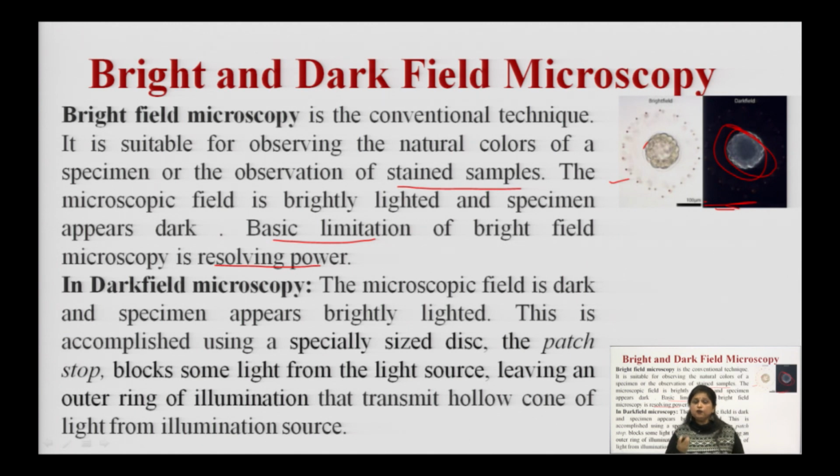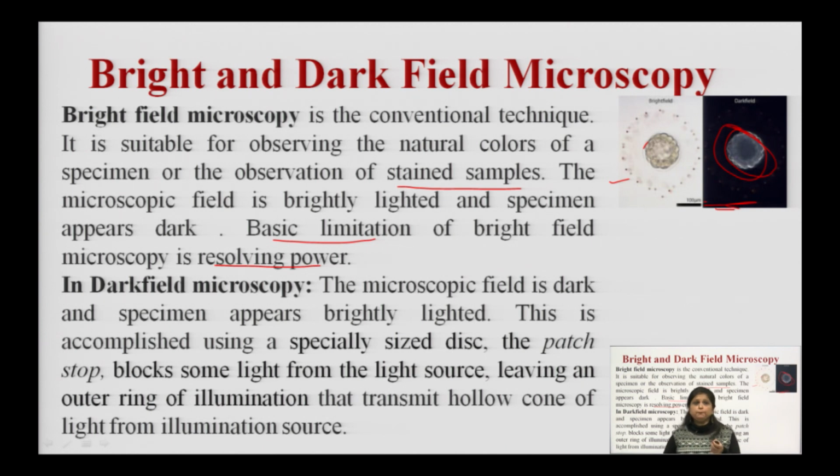The light will be focused and condensed in such a form that it just reaches the specimen. It will not pass through the glass slide, your whole background will be dark, and your image will look brighter in nature.